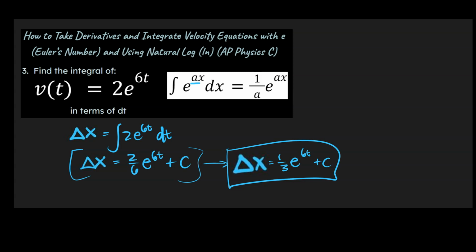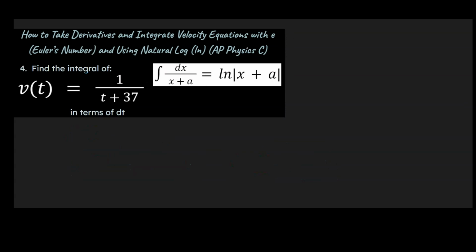All right, let's try one last problem and see how it goes. So it says find the integral of this velocity equation. So if we write the original equation and we take the integral of both sides, let's think about what equation we'll end up with. If you take the integral of a velocity equation, you end up with a change in position equation or displacement equation.